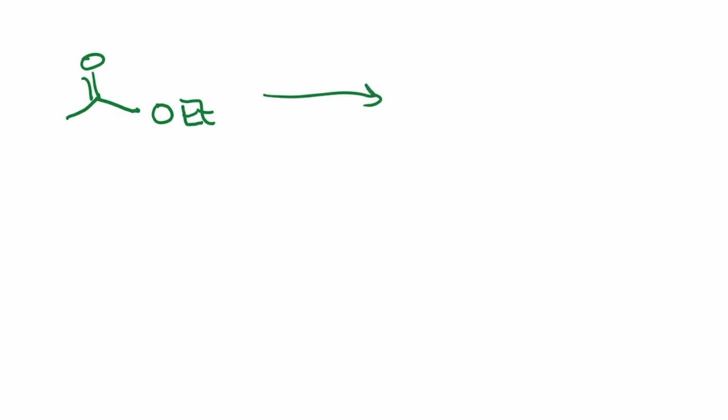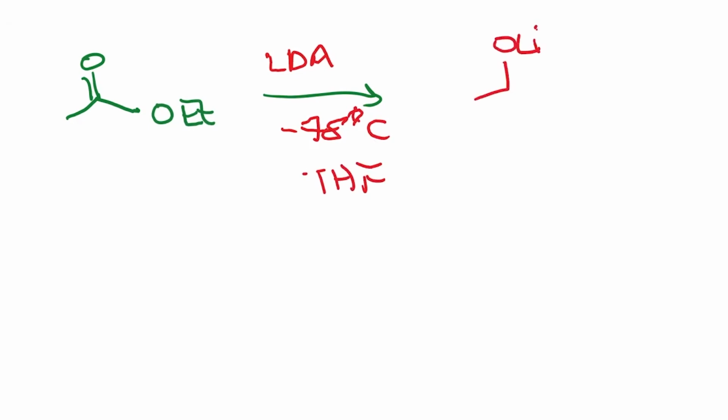One way to generate the enolate from the ester is the same strategy that you use for ketones: LDA, minus 78 degrees centigrade, and THF, and you generate OLi.